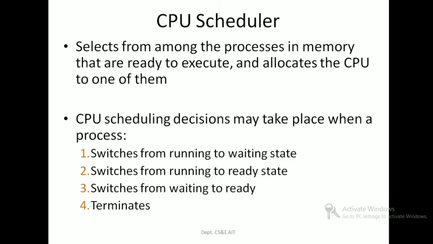That is decided based on the following 4 conditions, which are also part of your regular operating system curriculum. Whenever a process switches from running state to waiting state, or when the process terminates, we say it is non-preemptive scheduling. When the process switches from running state to ready state, or from waiting state to ready state, it would be preemptive scheduling.